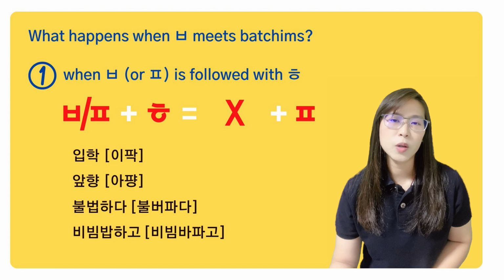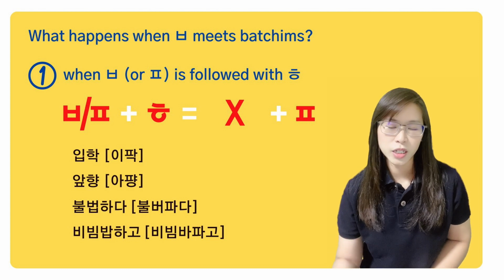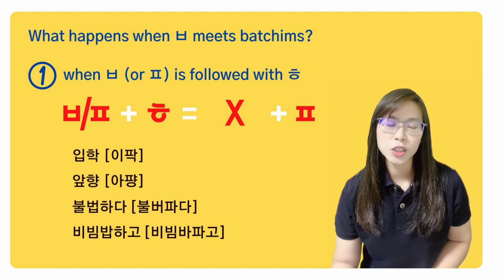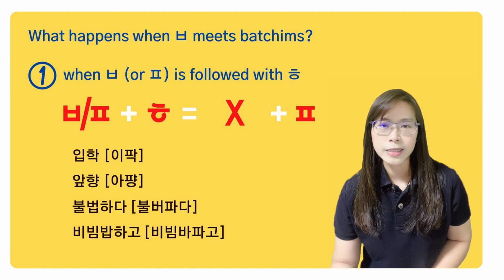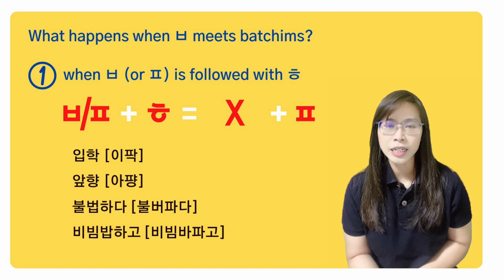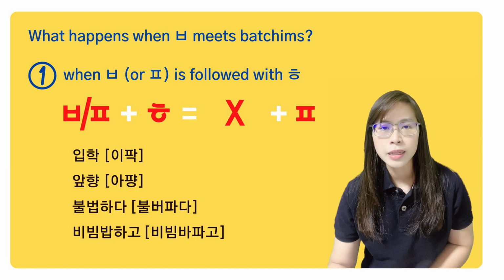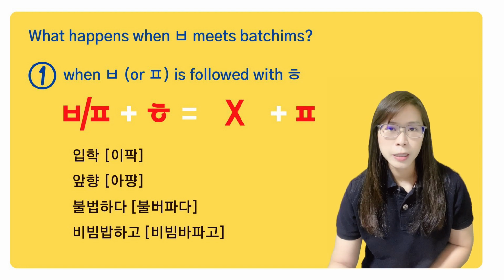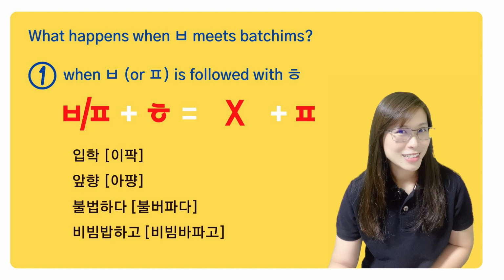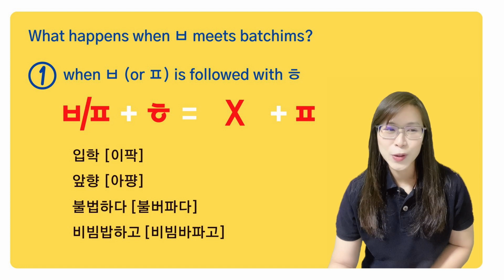Okay, so when the B or the P is followed with another consonant, in this case, it's an H, your 히읗. For example, 입학. 입학 is to enroll into school. It's not pronounced as 입학, but 입학. Very good. 입학하다. Then 앞향. Very good.